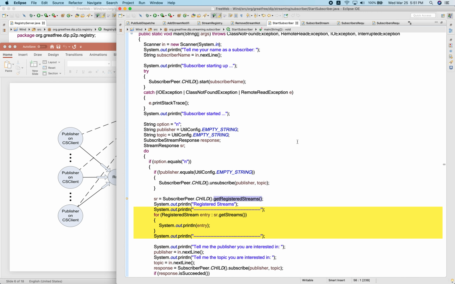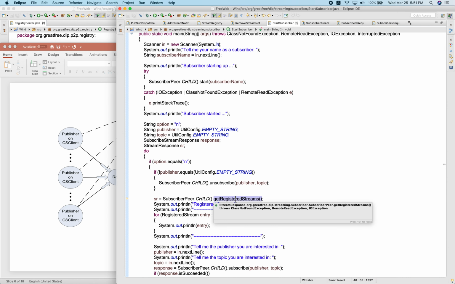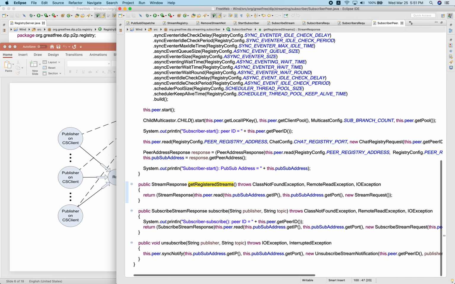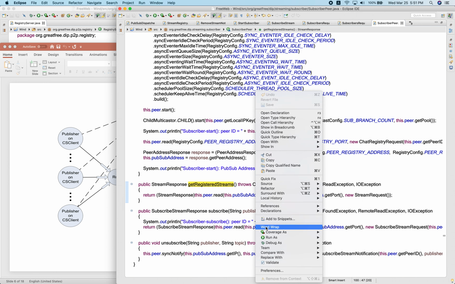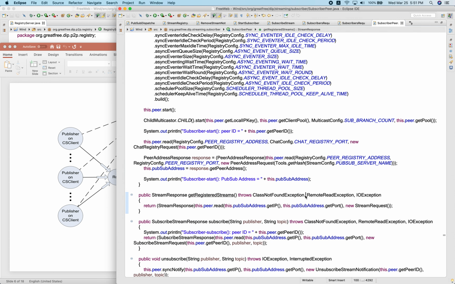Okay, that's why such a request is necessary. It's just not so important. This is the code that helps the subscriber know how many, what exact streams are already added and registered on the pub sub server. Okay.